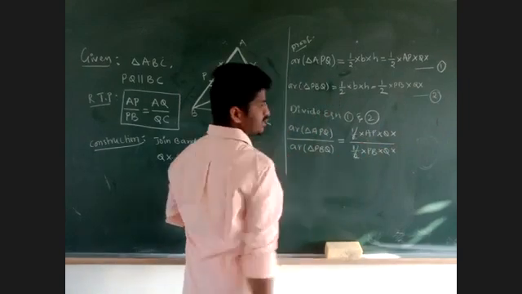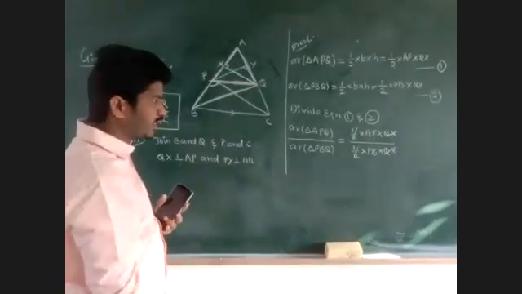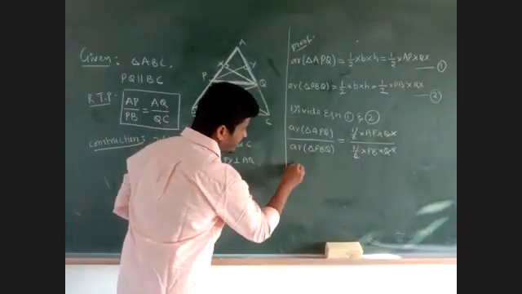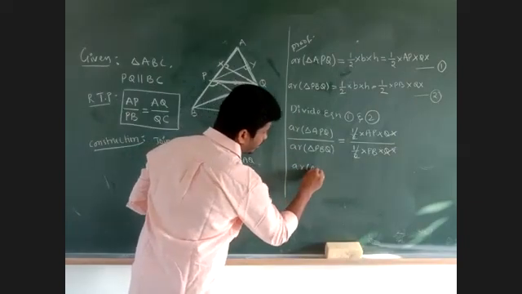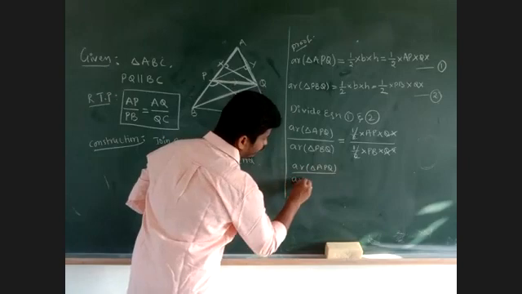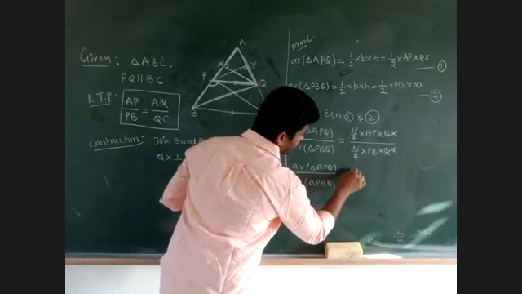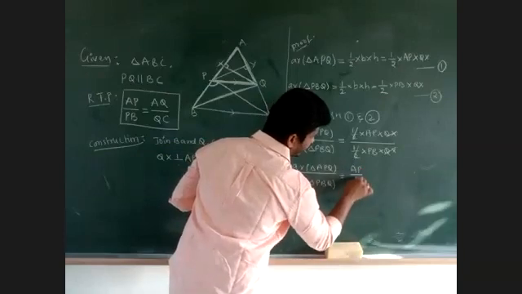Half gets cancelled, QX gets cancelled. Therefore, the remaining terms are area of triangle APQ by area of triangle PBQ equals AP by PB.